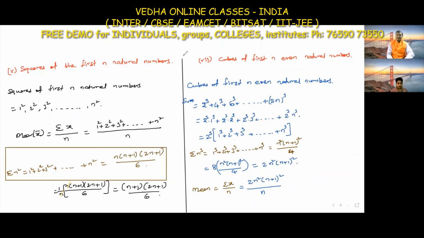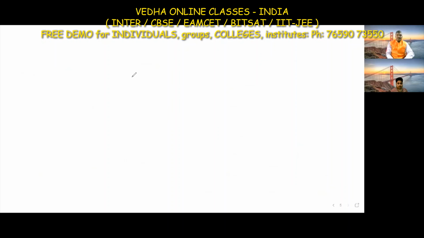We can cancel one n in the numerator and n in the denominator, so the final answer is 2 into n plus 1 whole square. This is the required solution. Understood?